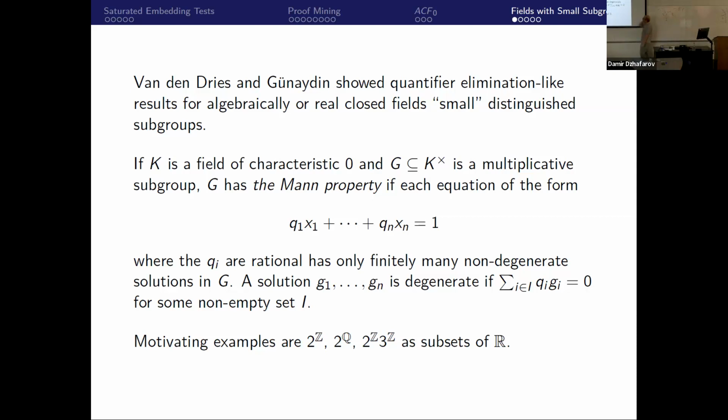There's a problem with that, which is it could be that there's a subset which adds up to 0, which gives a solution to the homogeneous equation, and then you could multiply it by any constant and get infinitely many solutions. So you have to say that's the only way you get lots of solutions, is because you have a solution for homogeneous equations. So you have only finitely many non-degenerate solutions. This is really a way of saying you have as few linear relationships within this group as you could hope to have. And it's satisfied by all these examples.